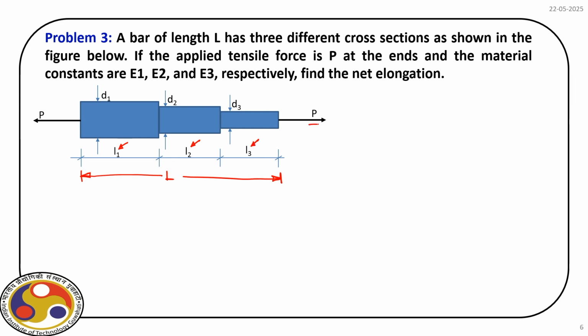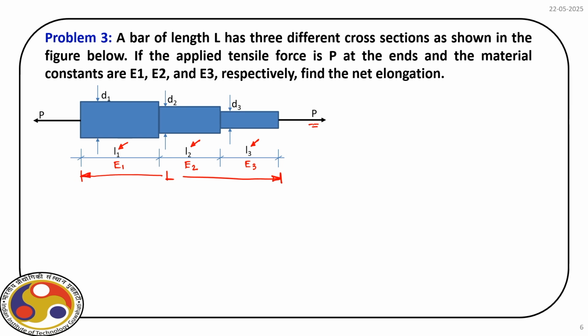We apply a tensile force of P, and the material constants for the 3 different sections are E1, E2, E3. We are supposed to find out the net elongation of the bar.